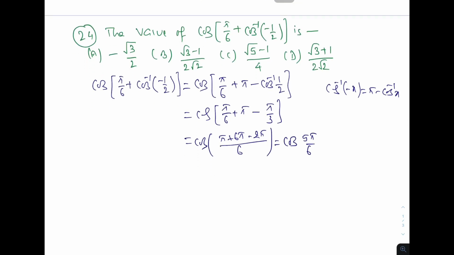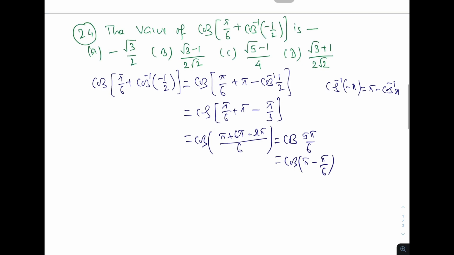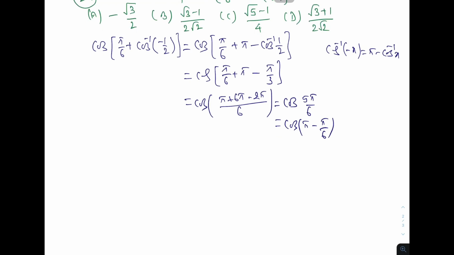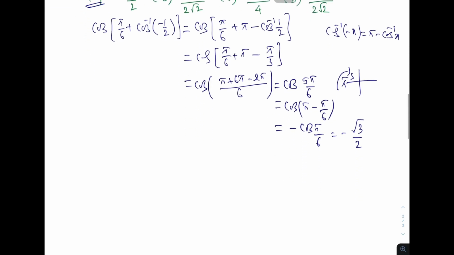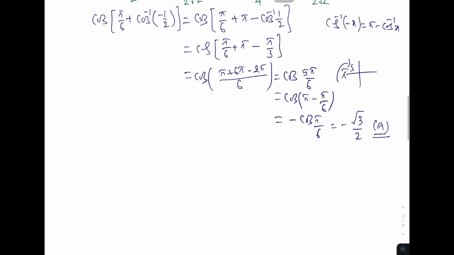Cosine 5 pi by 6 is cosine of pi minus pi by 6, and in the second quadrant cosine is negative. So this is minus cosine pi by 6 and the value is minus root 3 by 2. So the answer is A. Okay.